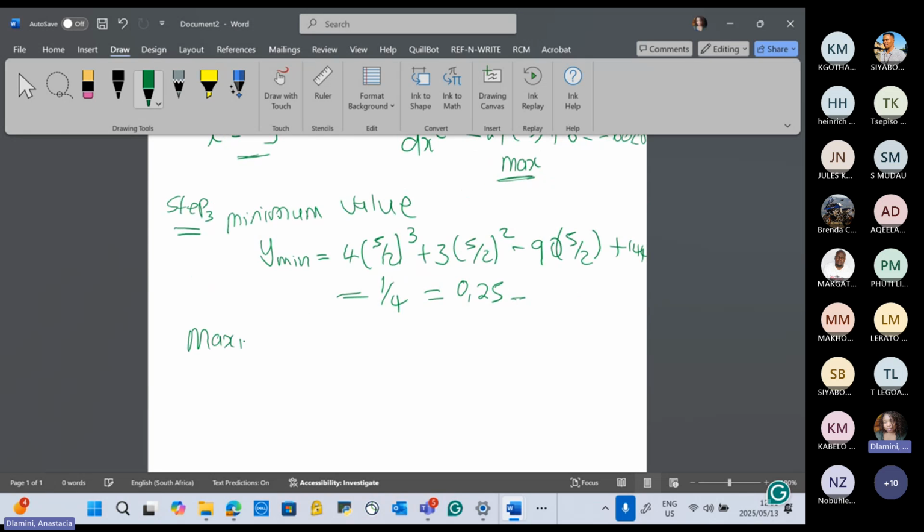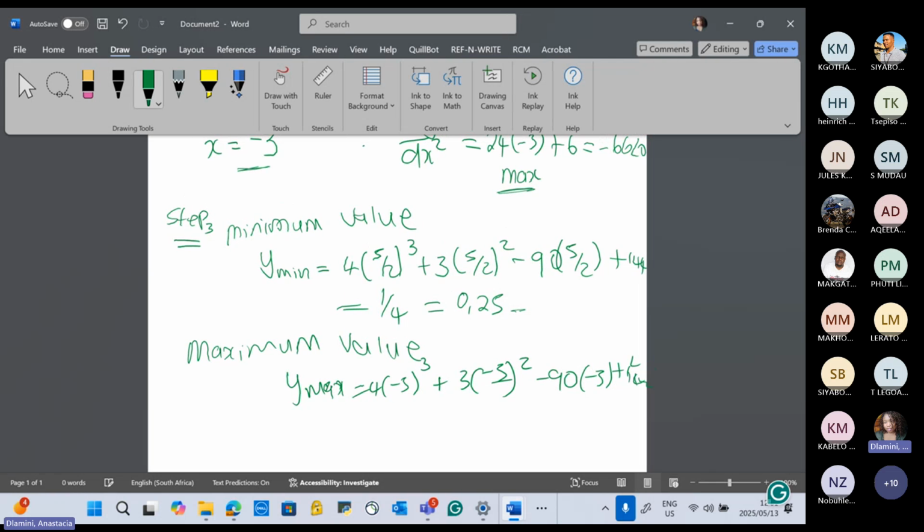The maximum value, which is y max, is equals to 4 times 3 cubed plus 3 times 3 squared minus 90 times 3 plus 144. What is the answer? 333. So that's how we find the maximum and the minimum.